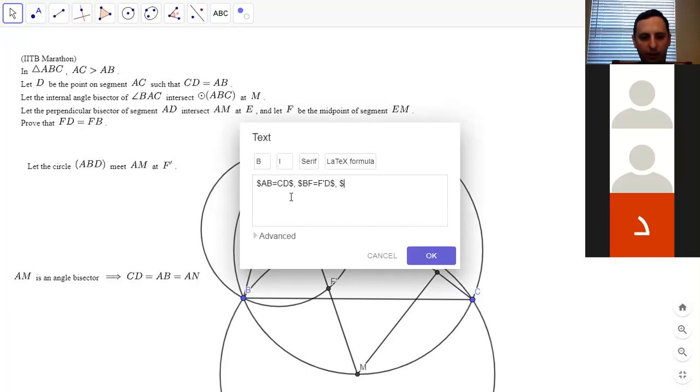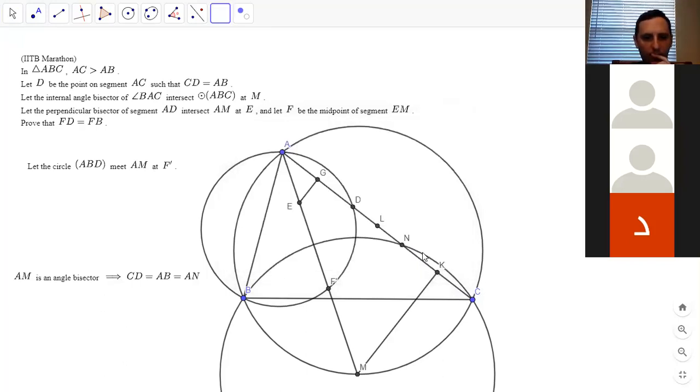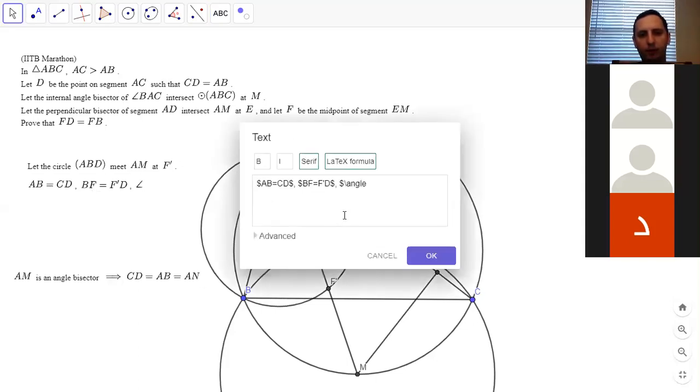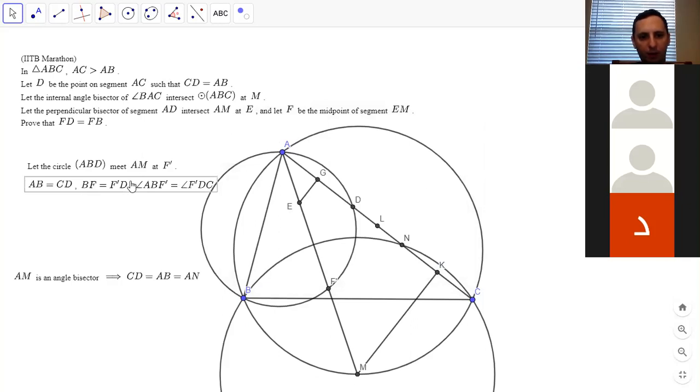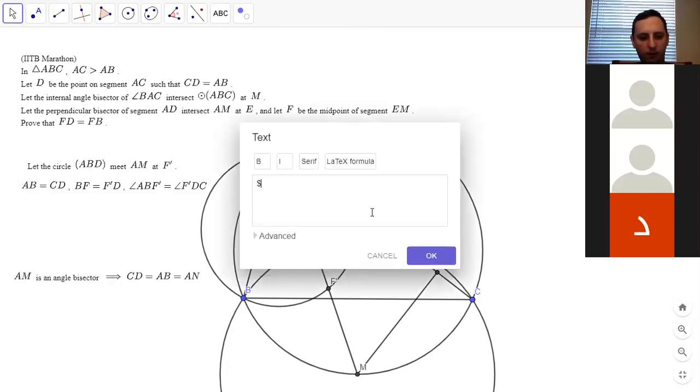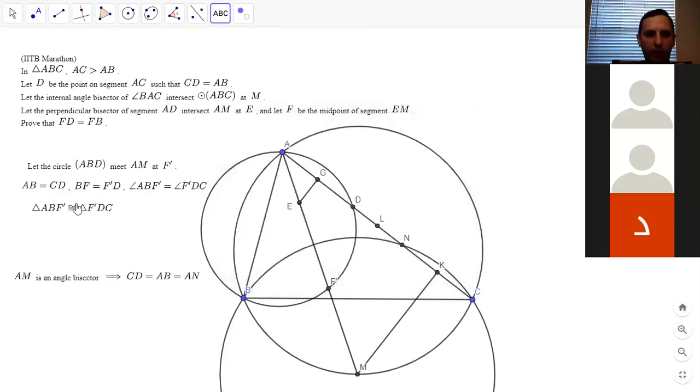So angle ABF prime is F prime BC. So that means those triangles are congruent. So triangle ABF prime is congruent to F prime BC. And so that means that AF prime equals F prime C.